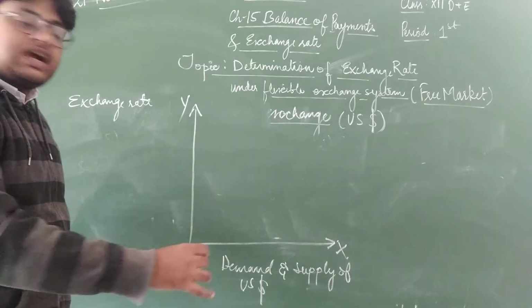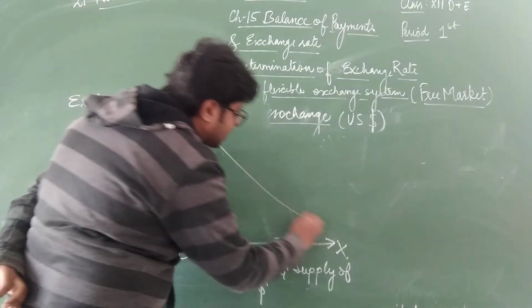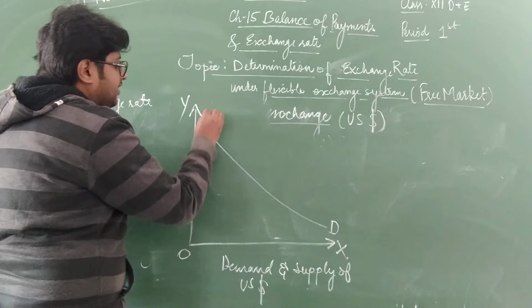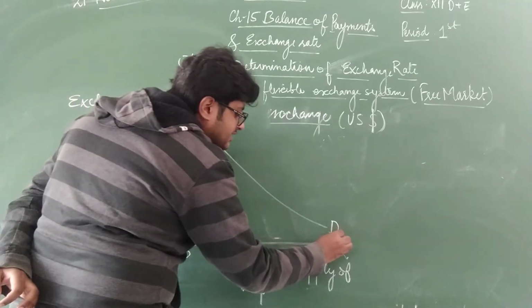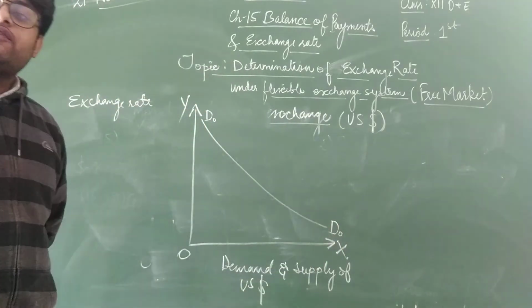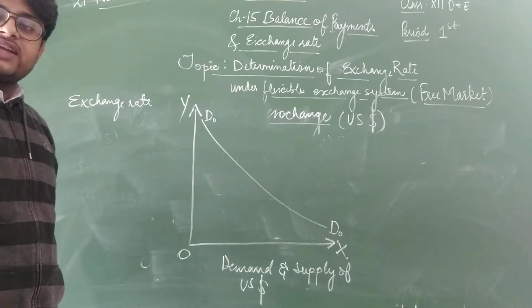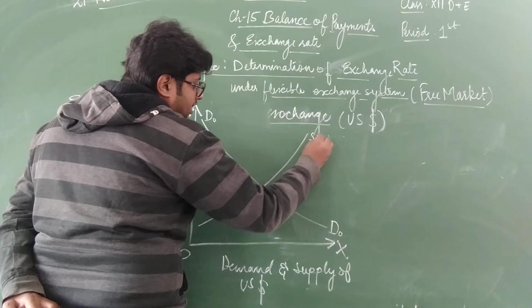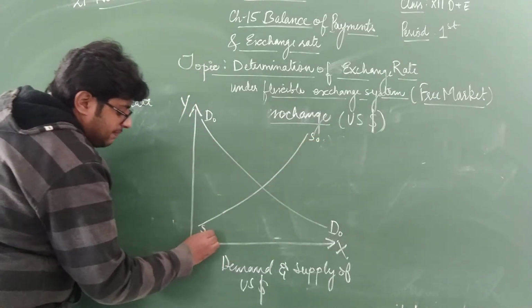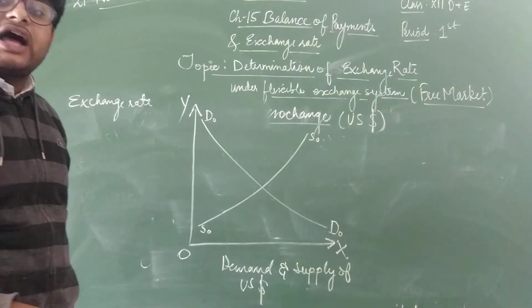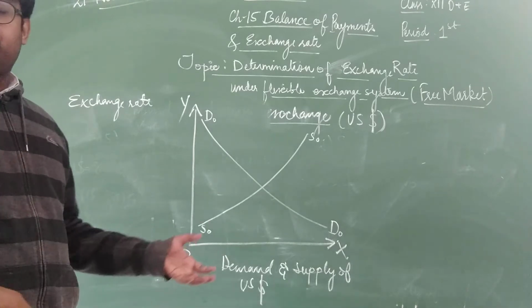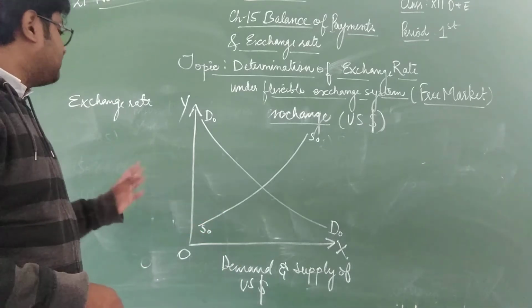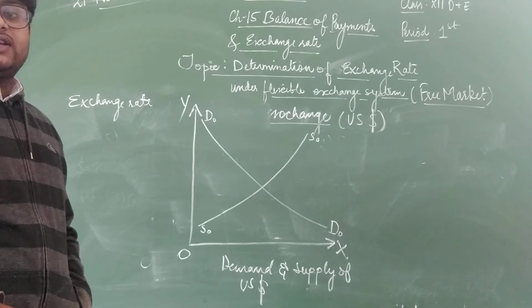Then the demand curve will be a downward sloping curve, because we have seen that there is a negative relation between the demand for foreign exchange and the exchange rate, and the supply of foreign exchange is a positively sloping curve. The supply of US dollars is positively related to the exchange rate.